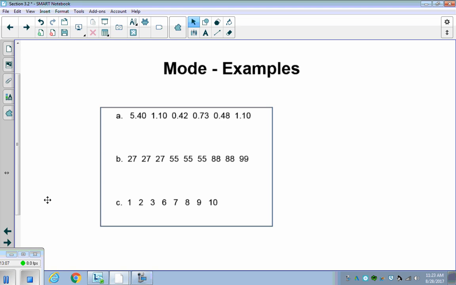Okay, here are examples of mode. In A, what would my mode be? It occurs twice and no other piece of data occurs twice. How about in B? Yeah, it's bimodal, isn't it?